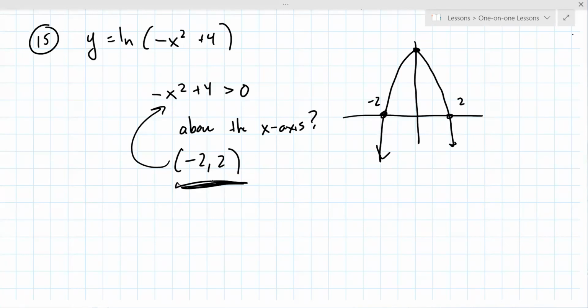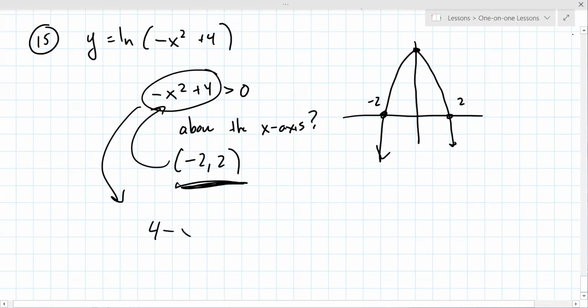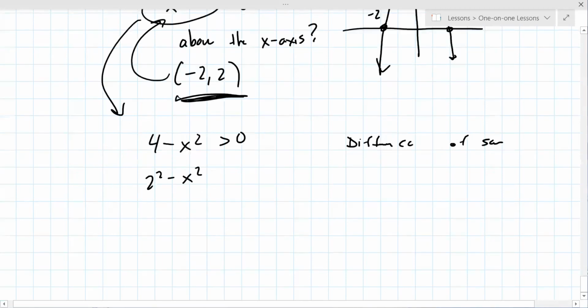What's the other method? The other method would be to factor this. If you bring this down, it's 4 minus x squared greater than 0. This is a difference of squares, like 2 squared minus x squared. Do you remember how to do this?